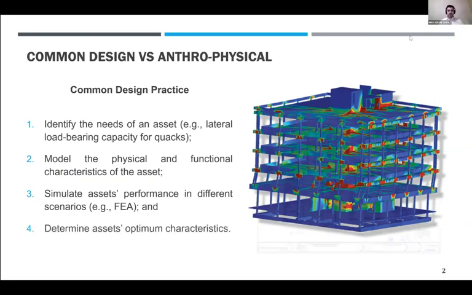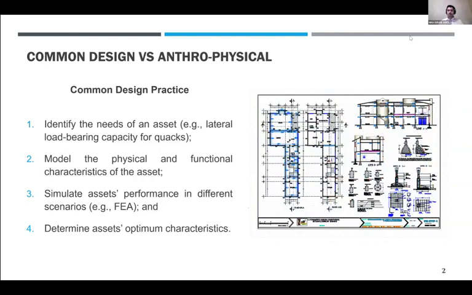Then we optimize the characteristics of our asset. So in a building, we reduce the thickness of our columns in the upper floors and increase it in the lower floors. This means we are reducing the weight of the building and the total cost of material used, and we are still absolutely fine with the lateral load imposed on the building.